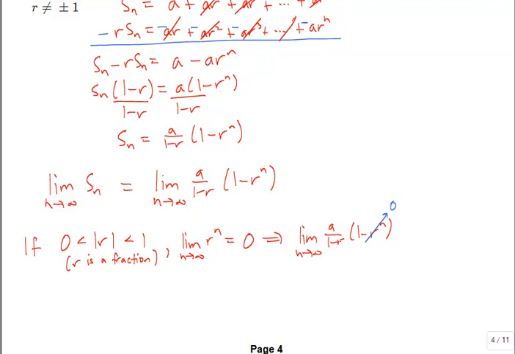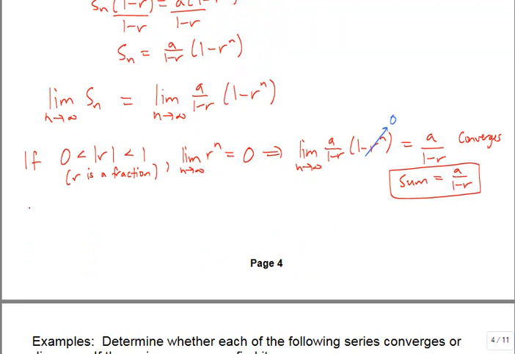And a and r are both constants here. So this is just going to equal a over 1 minus r. So that means we got a value. So that means this is a convergent series if your r is a fraction. And the actual sum of the geometric series will be this formula, a over 1 minus r.